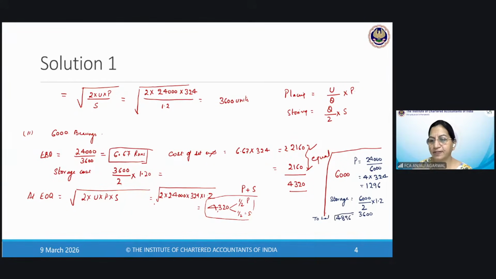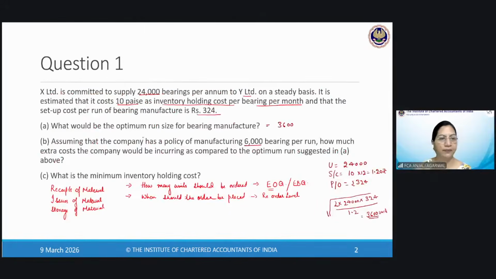Now 4,896 is more than 4,320. So minus 4,320, the extra cost you will incur is 576. Good for all those who have done. So 3,600 is the optimum size and 576 is the extra cost you will incur.